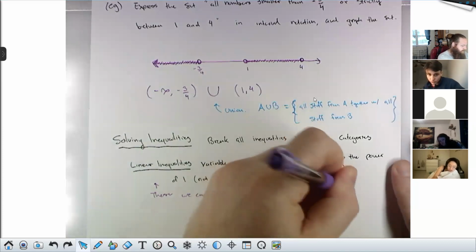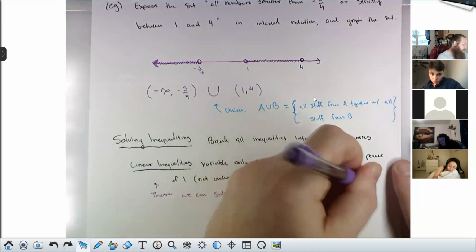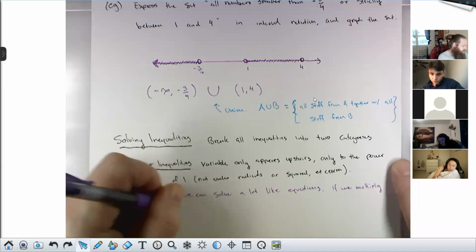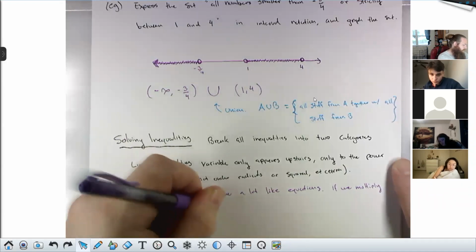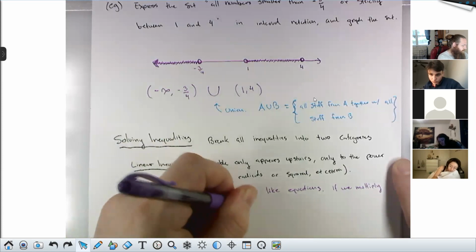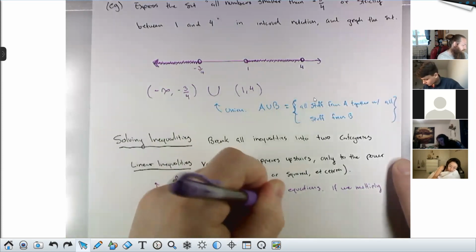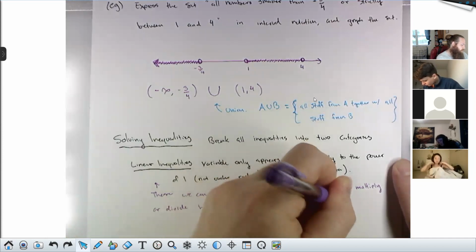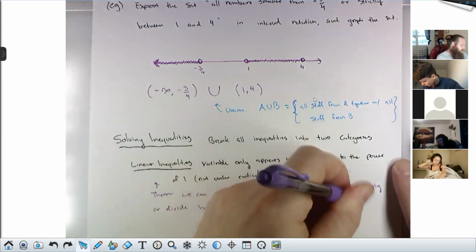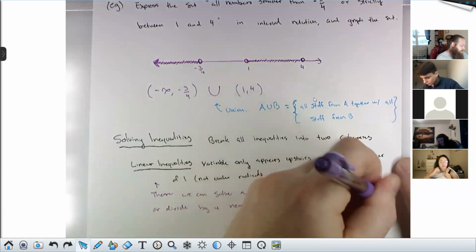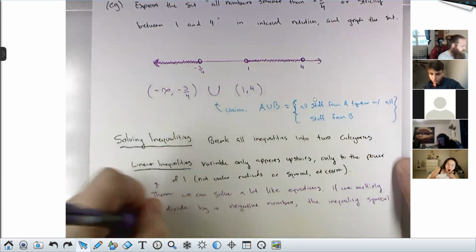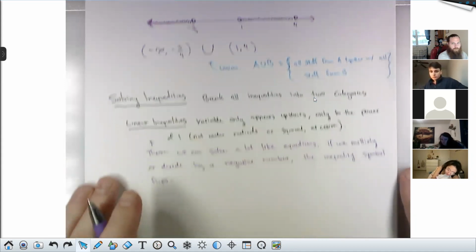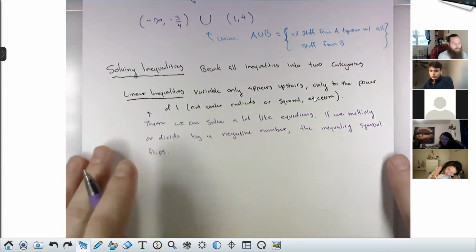If you multiply or divide by a negative number, the inequality flips. The inequality symbol itself flips. That's the only weird rule you have to remember for these nice inequalities, linear inequalities.